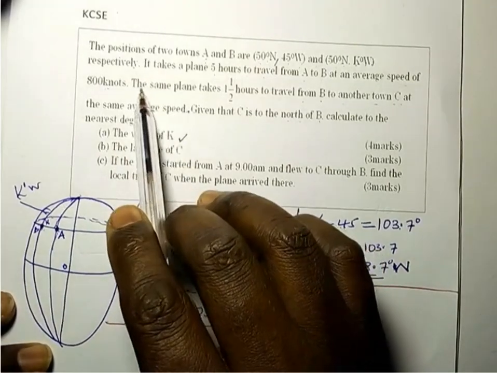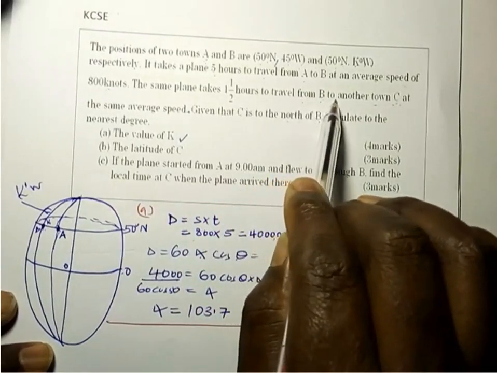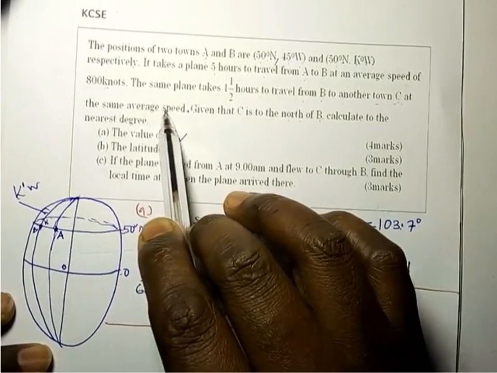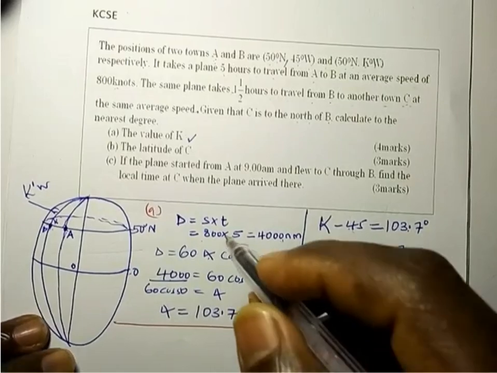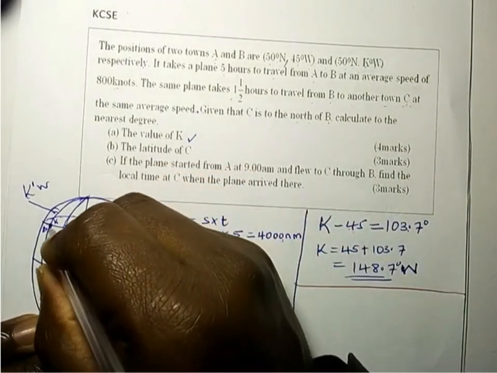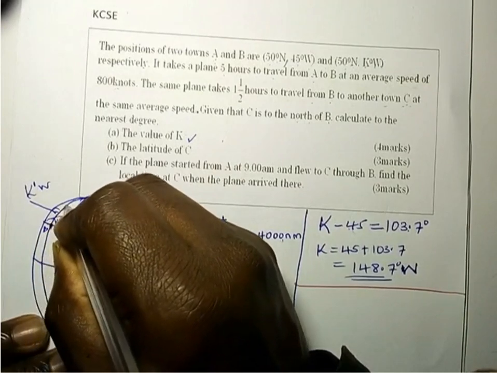Part B, the latitude of C. The same airplane has gone from B to another town C at the same average speed. The most important information is that C is on the north of B. So if B is here, then C could be there, to the north.